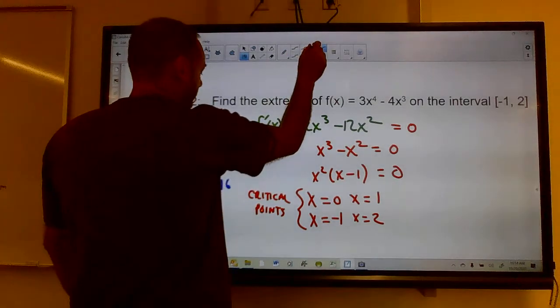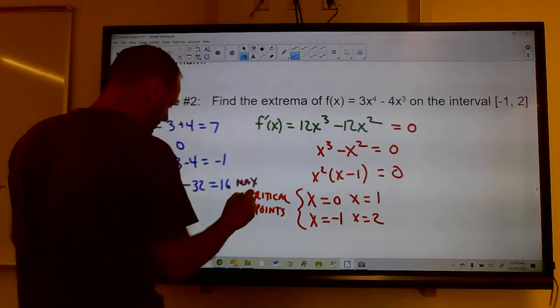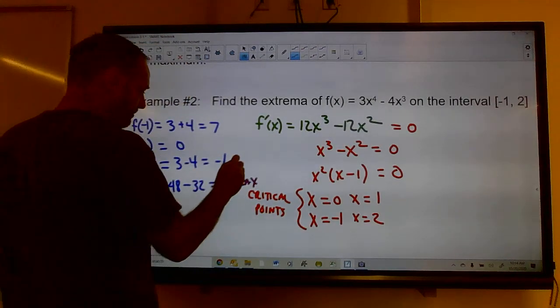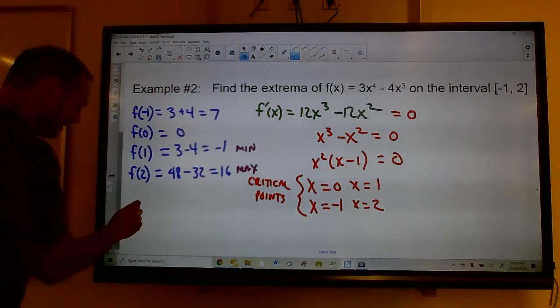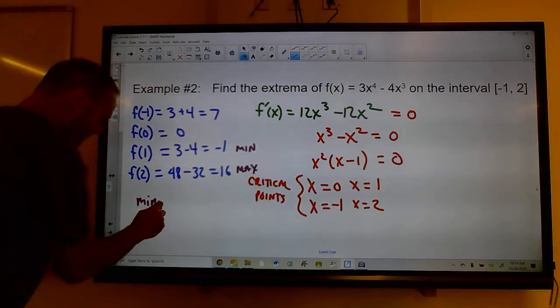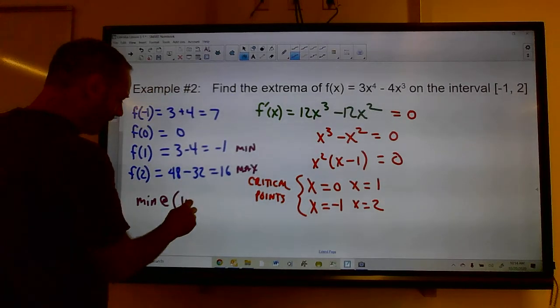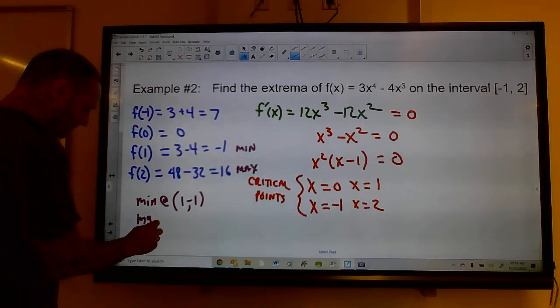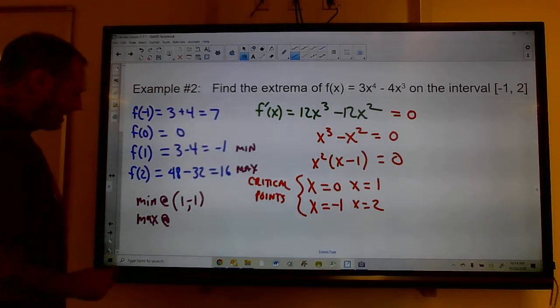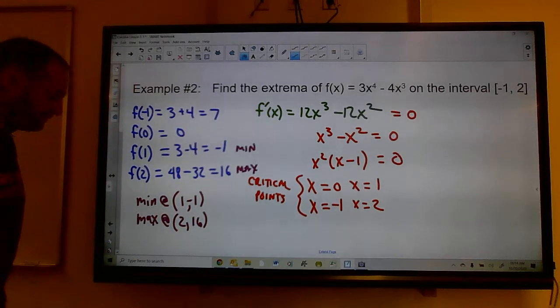This tells me that this is my maximum right here, and this is my minimum right here. So I have a minimum at the point 1, -1, and I have a maximum at the point 2, 16.